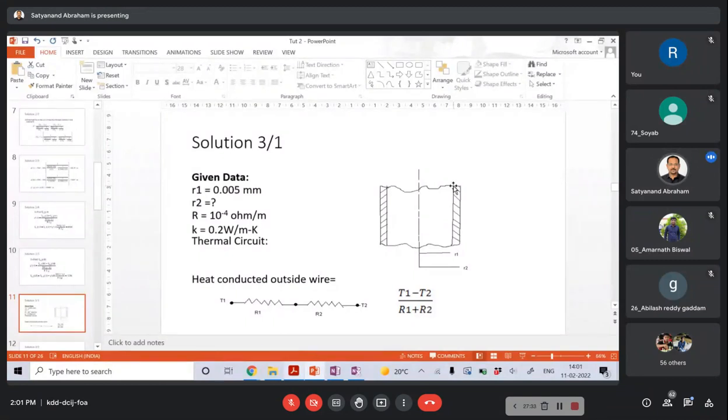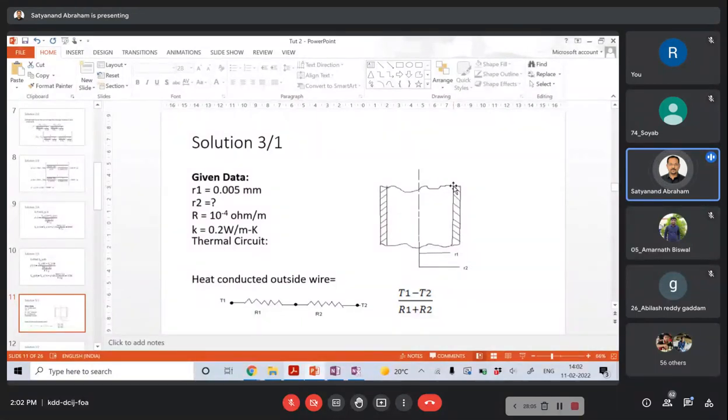Yeah, very good. So here we are talking about an insulation, but is this insulation a thermal insulation or an electric insulation? It is an electric insulation we are talking about. Even though we are not explicitly saying electrical insulation, it is the electrical insulation we are talking about. And what we want is the maximum heat loss to the ambient.